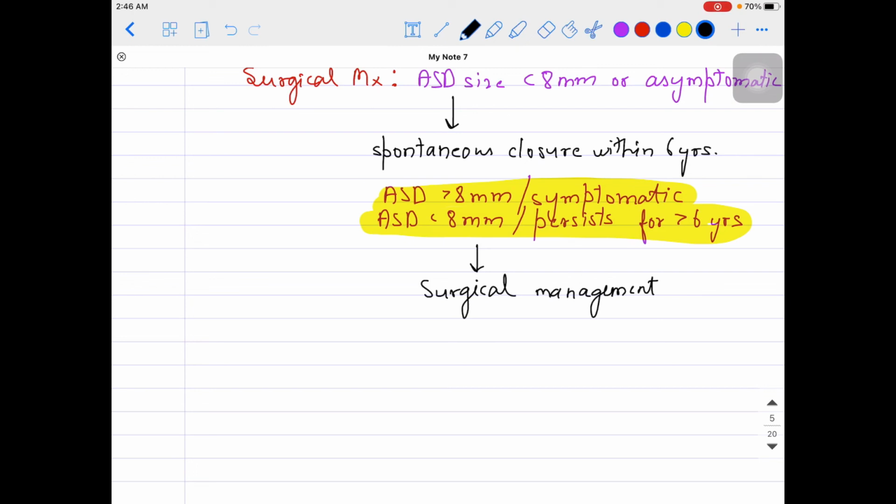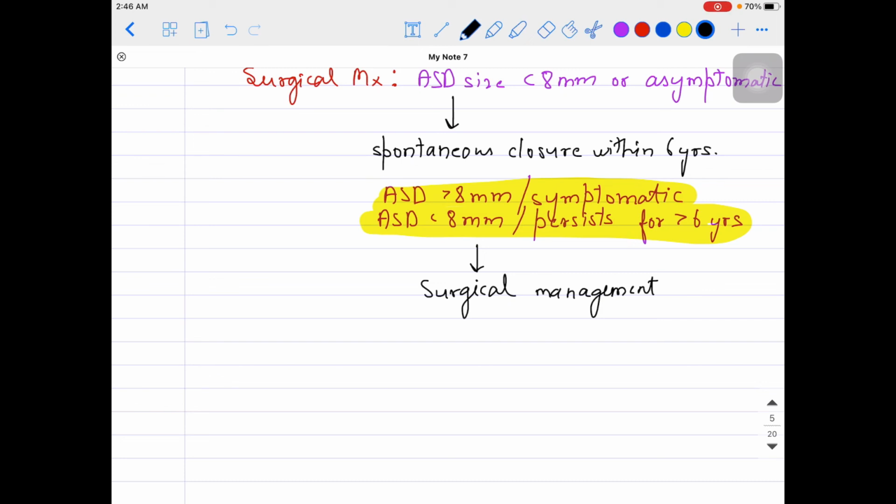You did the physical examination and you are doubtful about a new murmur. Out of nowhere you are hearing a murmur. Obviously you will confirm yourself, and then they mention a wide fixed split S2 heart sound. If they mention wide and fixed splitting of S2, then definitely they are talking about the atrial septal defect.